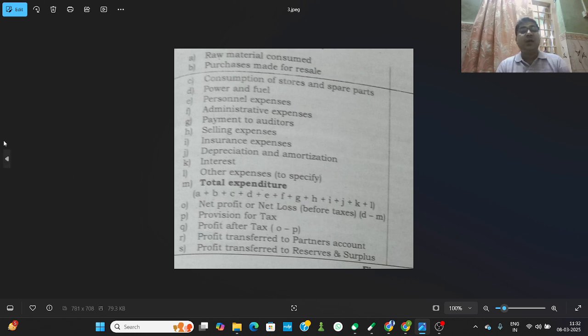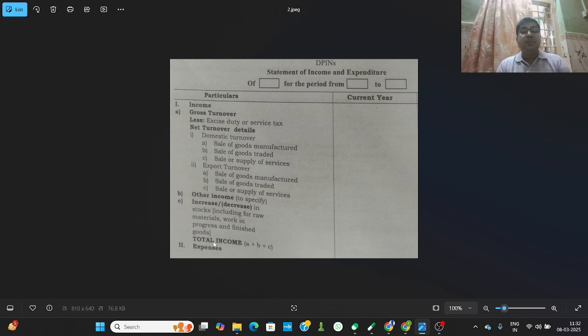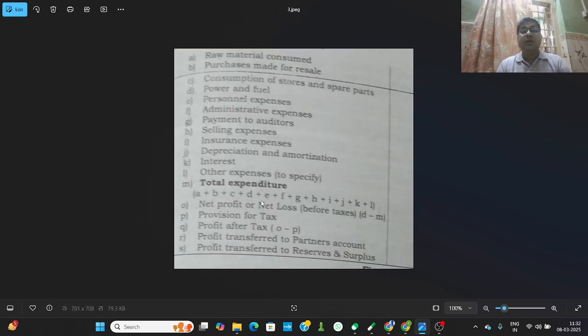So total income minus total expenses, you will get the net profit, sometimes net loss, before tax. After getting the net profit or net loss, we have to deduct provision for taxation. Then you will get profit after tax.